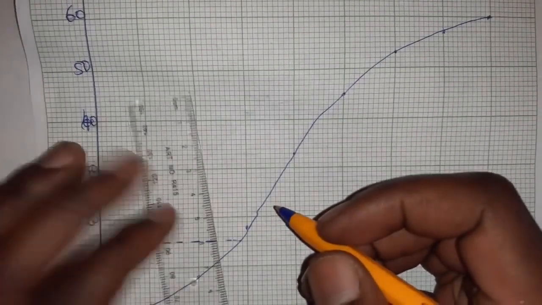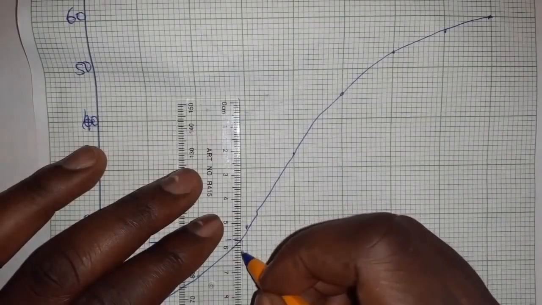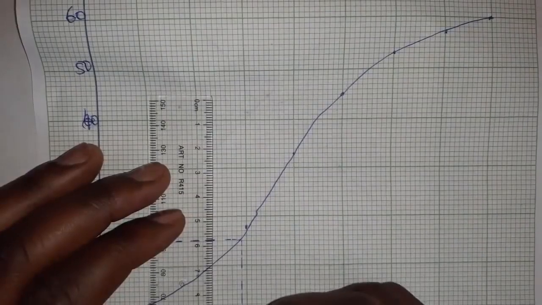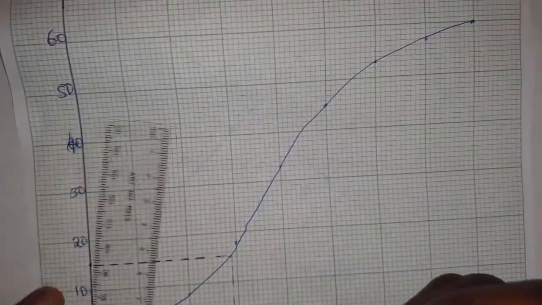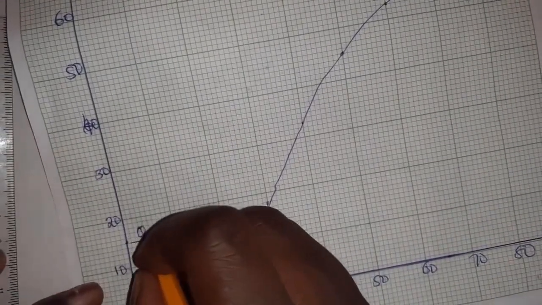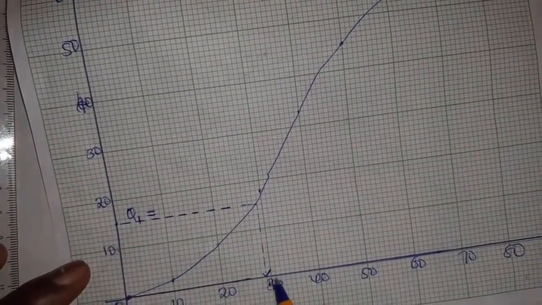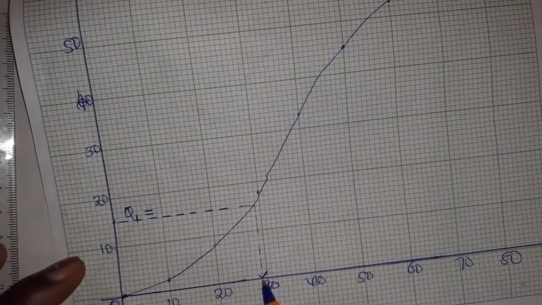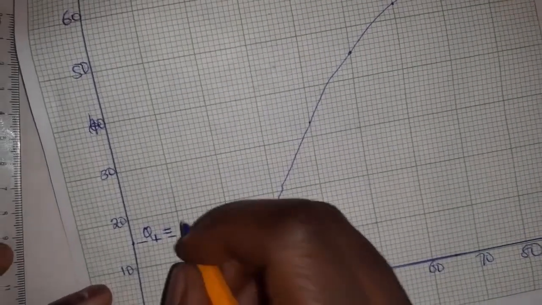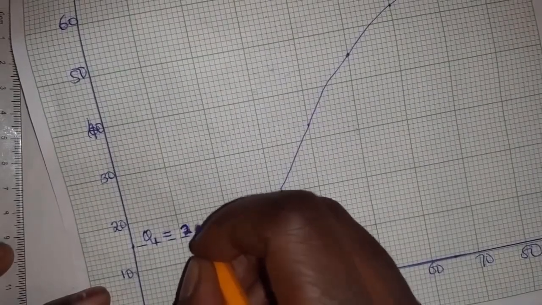Then when we touch the curve, we draw another one which comes down, up to here. This is going to be called Q1. Q1 is equal to, what do we have here? When you count from this side, this will be 29.